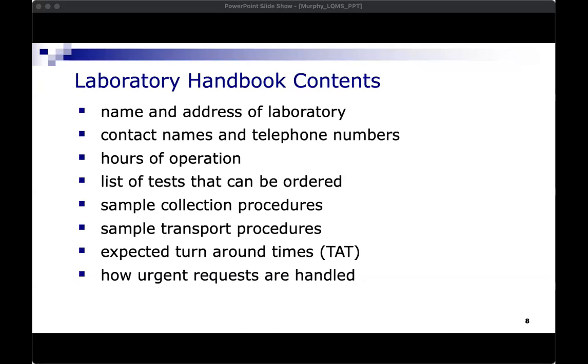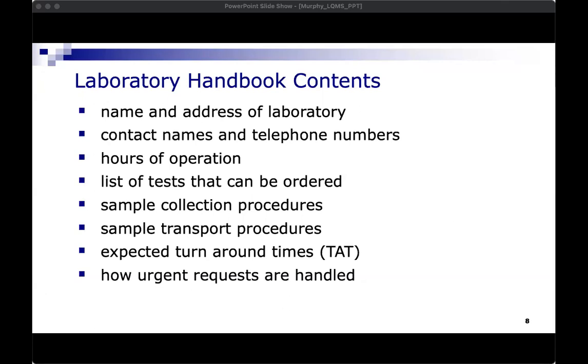So what should it contain? Some of the things it should contain are the name and address of the laboratory, as well as the contact names and telephone numbers for essential personnel. The hours of operation of the laboratory, which can be helpful for setting expectations for when the lab is open. A list of tests that can be ordered.